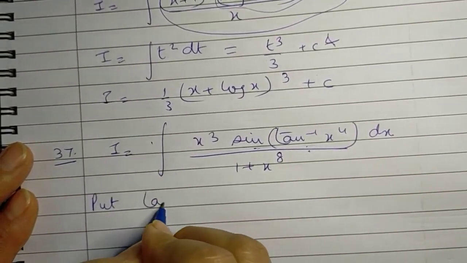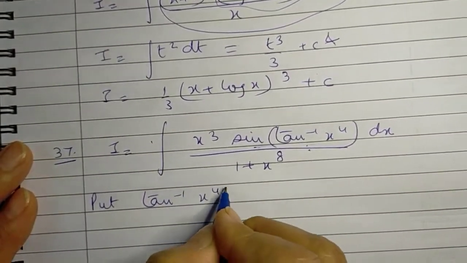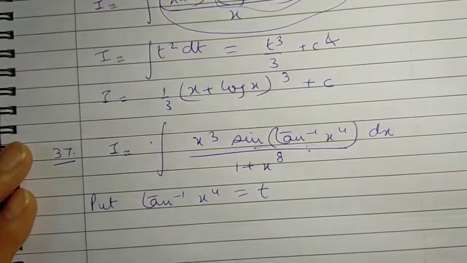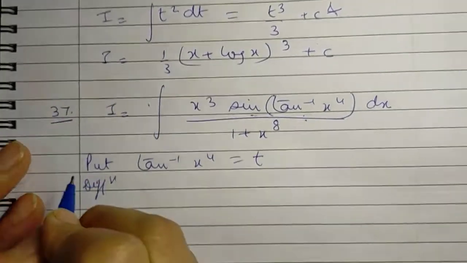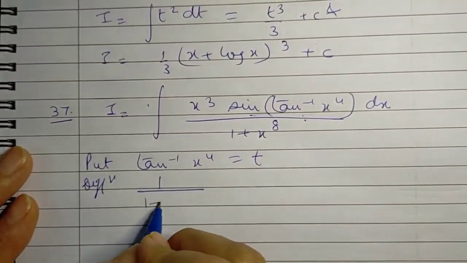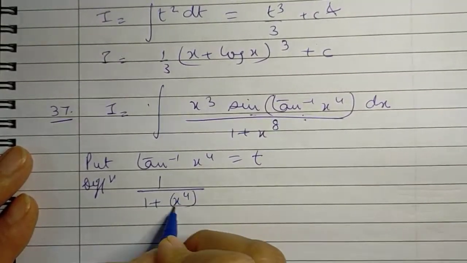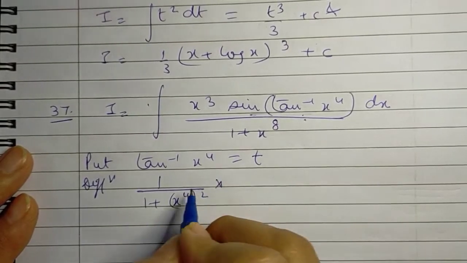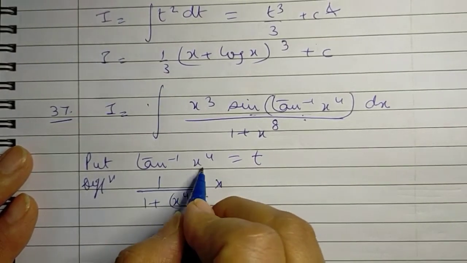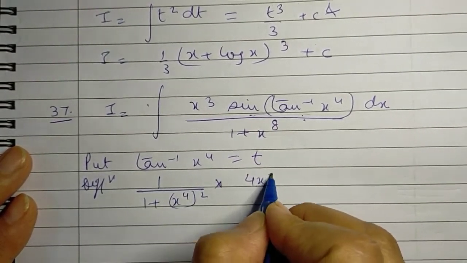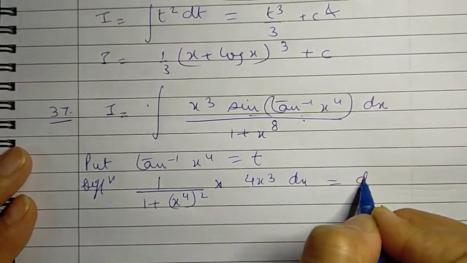So what do we get? Tan inverse x raised to 4 as t. Differentiating, we get 1 upon 1 plus this square, so (x^4) whole squared, into derivative of x^4, which is 4x cubed, into dx is dt.